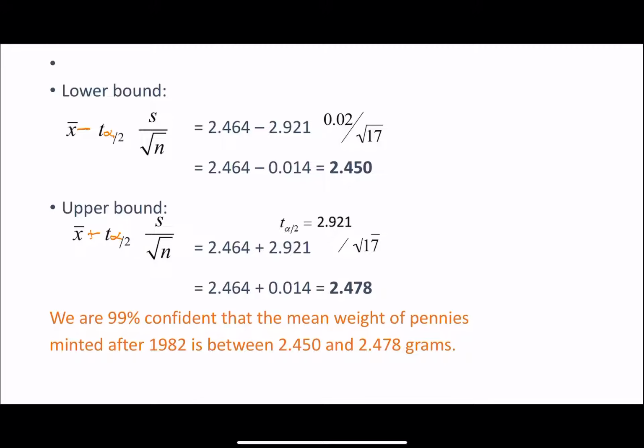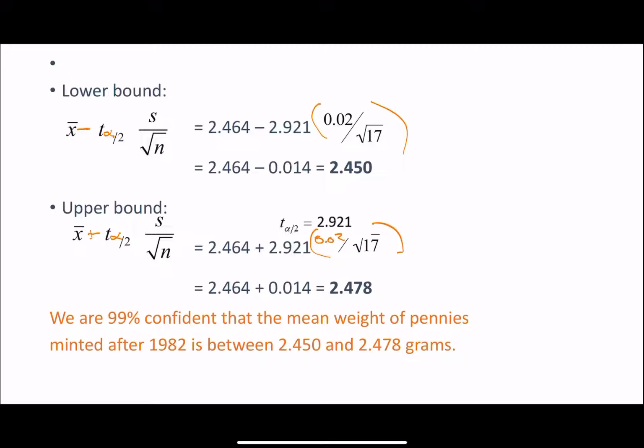What's going on here? Okay, I'm having issues here. Okay, so this right here was multiplied 0.02 times. Okay, let's just do this math here.